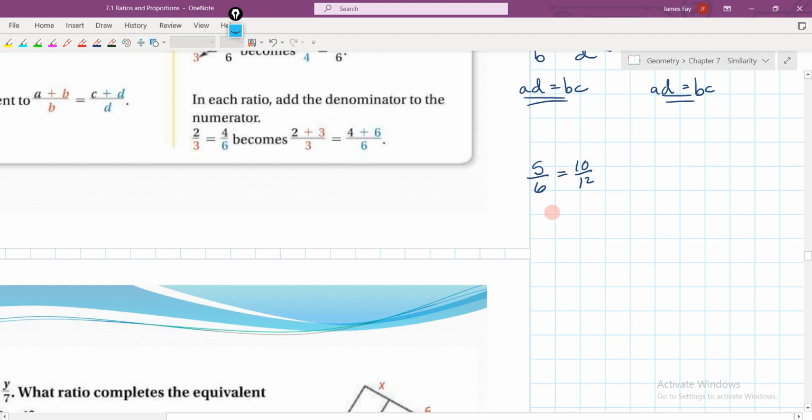What they're saying here now is if you take those numbers and flip-flop them, that would yield 5 over 10 is equal to 6 over 12. Would you guys agree that 5/10, which reduces to 1/2, is the same thing as 6/12, which also reduces to 1/2? Or I cross multiply, and because of the commutative property of multiplication, I still get 60 there and 60 there.